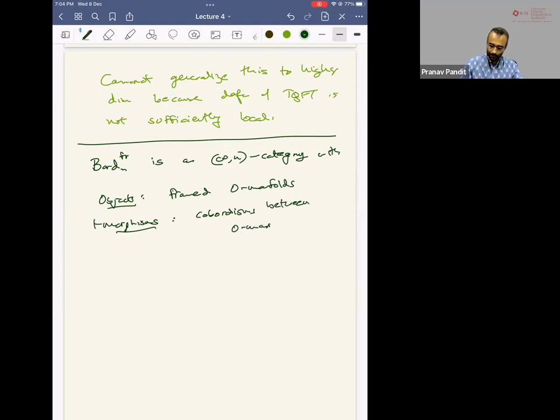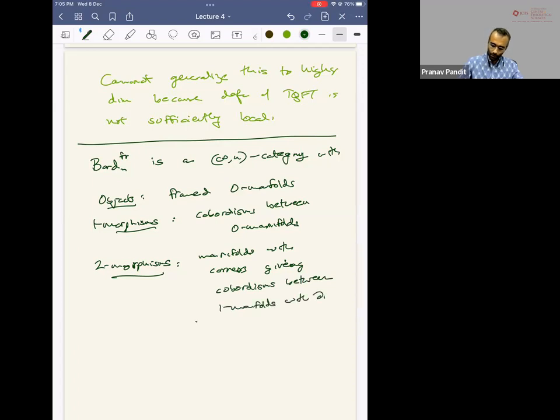So just intervals connecting them. 2 morphisms are manifolds with corners giving cobordisms between 1 morphisms, between 1 manifolds with boundary, all the way up to n manifolds, n morphisms, which are n manifolds with corners, framed, plus framing. I haven't said what a framing is, so let's ignore that.